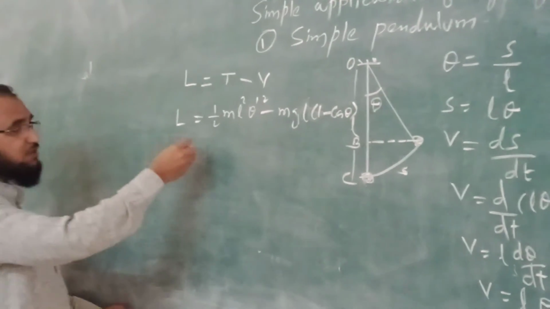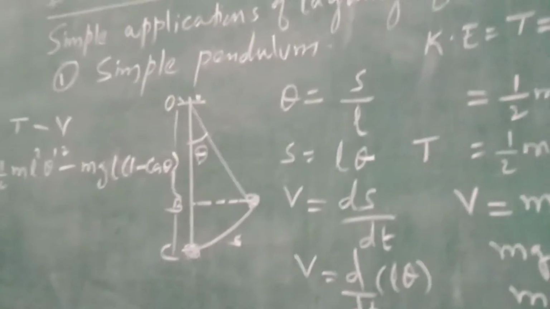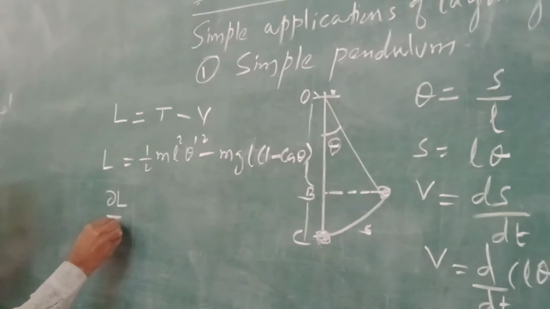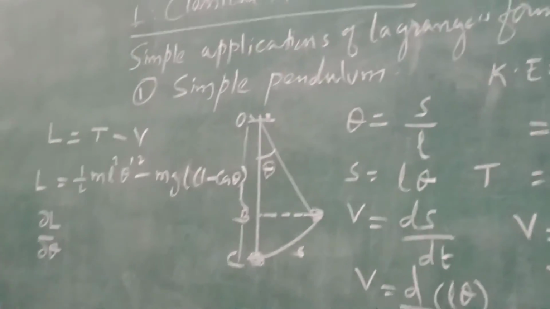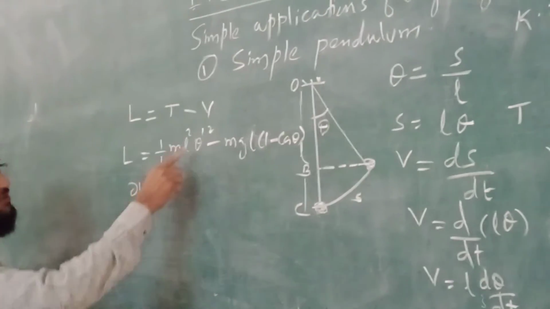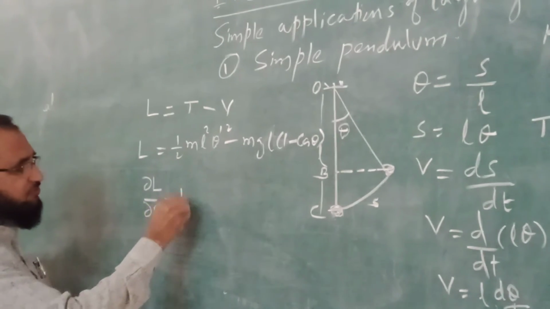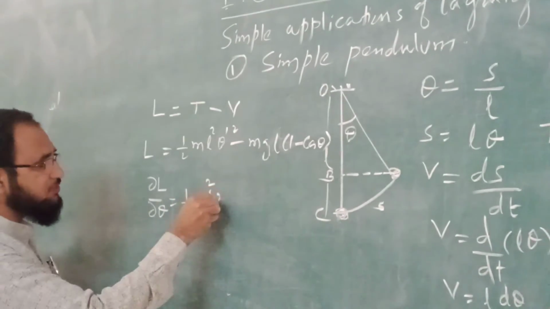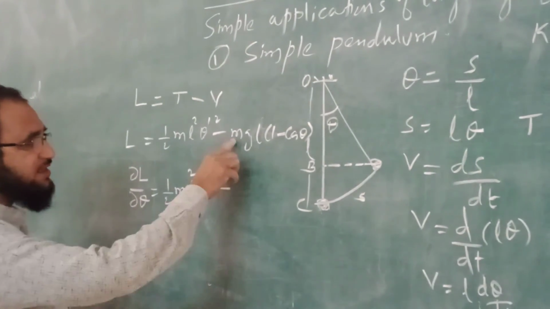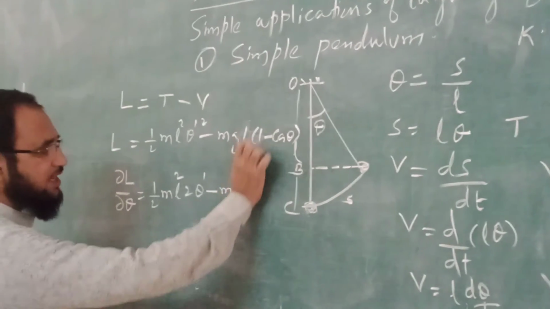Now, what will I do here? I will find dou L by dou theta, so I will differentiate with respect to theta. Here I will get half m L square into 2 theta dash, minus mgL, as it is.